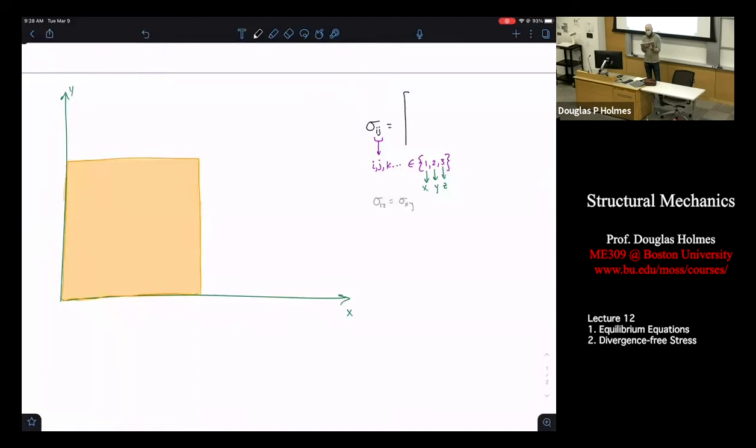So you put all this together, and what you get is a tensor in which we could write sigma xx, sigma yy, and sigma zz. Those are normal stresses.